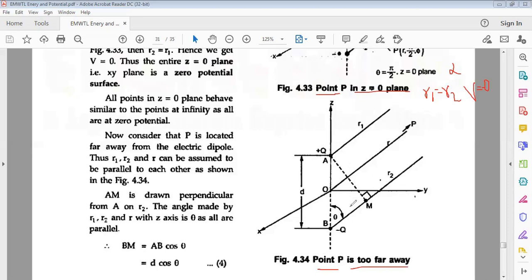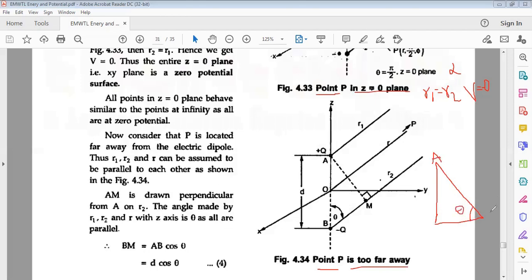What is a right angle triangle? Here we consider theta. The adjacent side is BM, and AB is the hypotenuse. So like this, it is a right angle triangle. In this, theta is here.